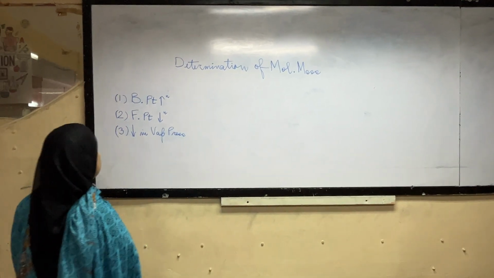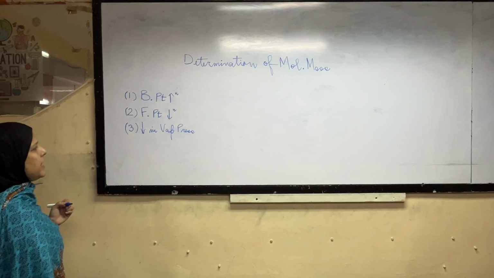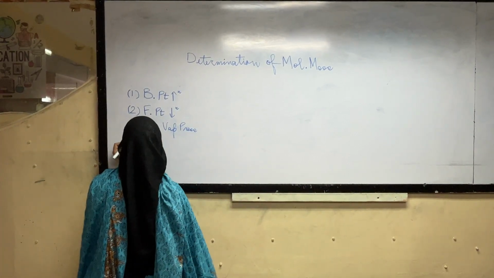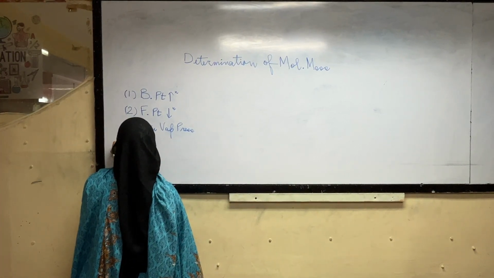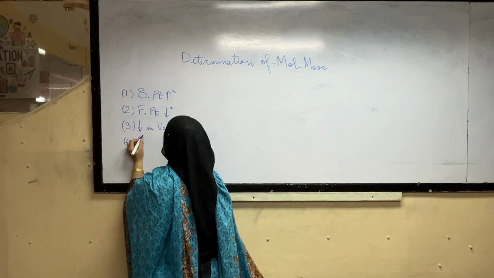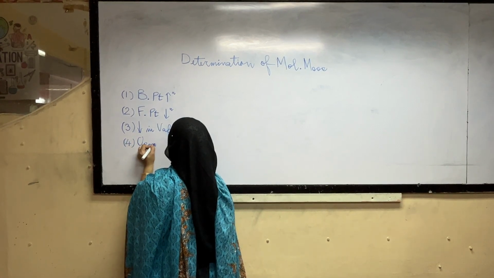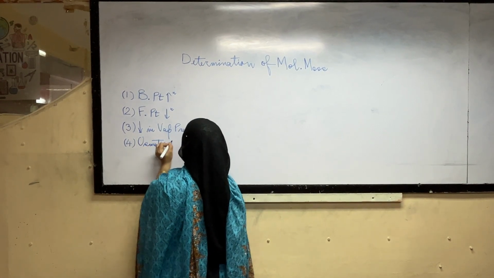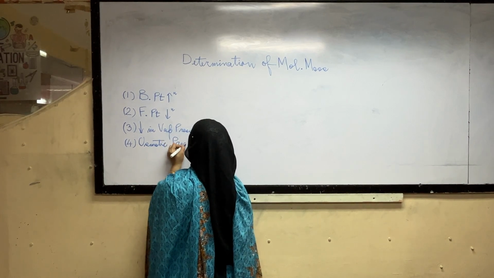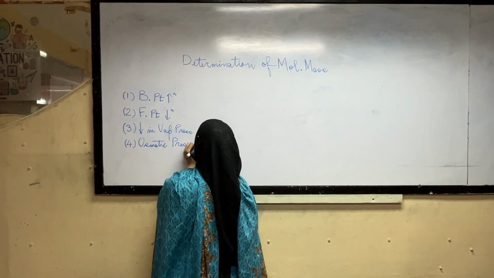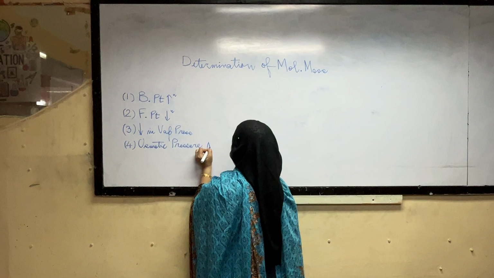This means that the vapor pressure of the solution is less than that of the pure solvent. And finally, osmotic pressure. Osmotic pressure is also represented by pi.